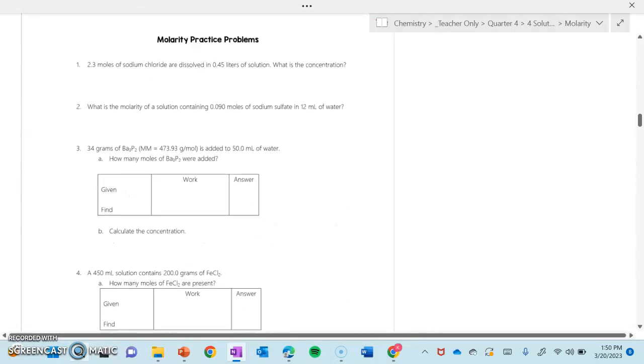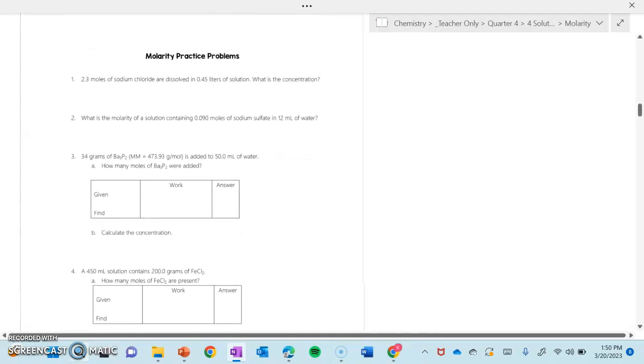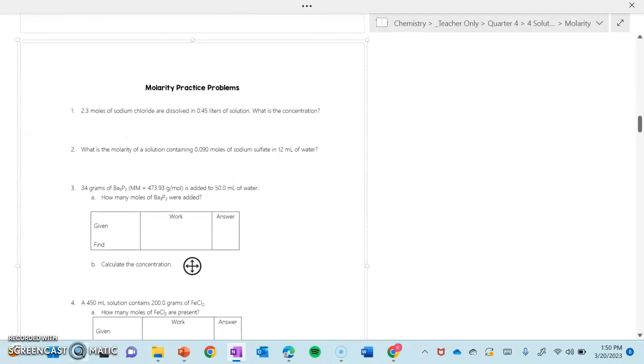Now you have some practice problems on page 4 following the same process. Molarity equals amount over volume, always plugging in moles and liters for your units of amount and volume. And then that will spit out moles per liter as your unit of molarity.